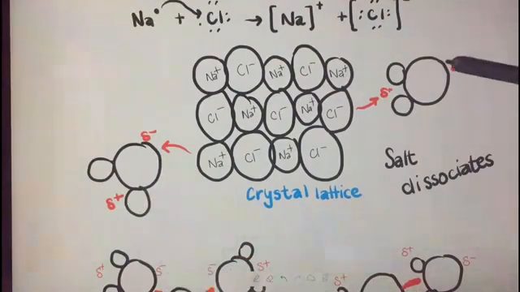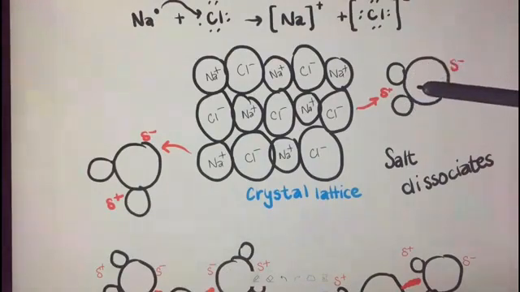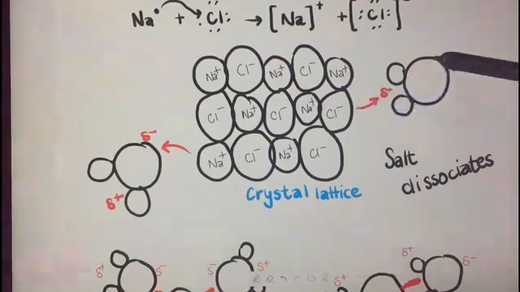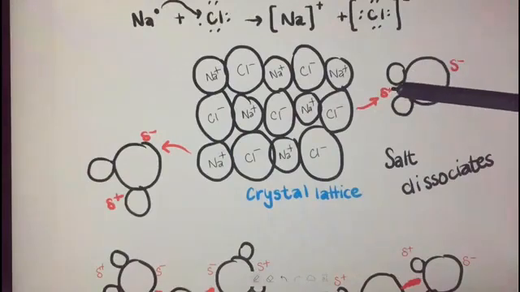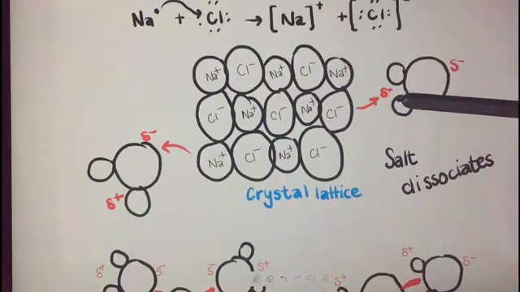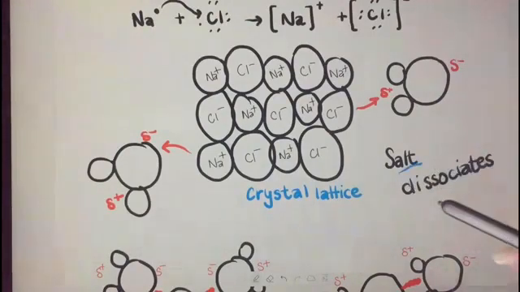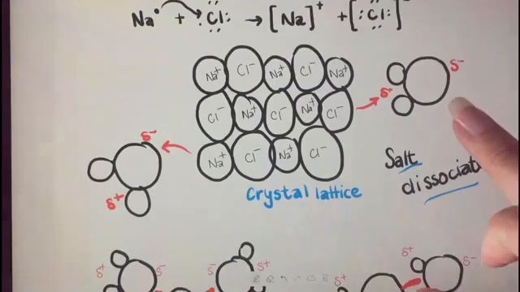On this side, we can see that the positive hydrogen end of this molecule points towards the crystal. So because of the force of attraction between positive and negative, the negative ion can actually be pulled out of the crystal. And this is then exactly what happens when the salt dissolves. We also say that the salt dissociates over there.